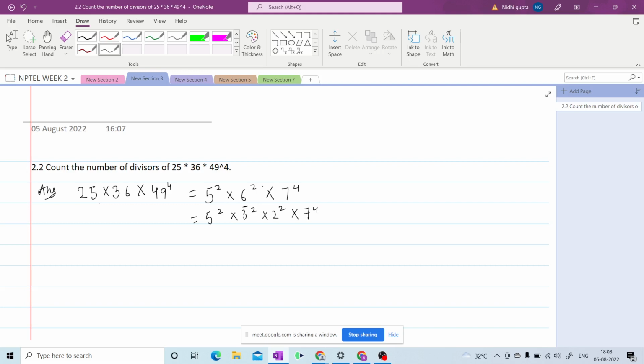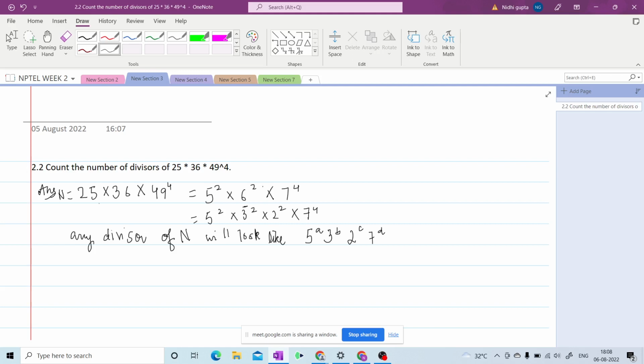So we have to count the number of divisors. Can anybody tell what any divisor of this number will look like? Suppose this big number is n. Any divisor of n will look like 5 raised to the power a, 3 raised to the power b, 2 raised to the power c, and 7 raised to the power d.